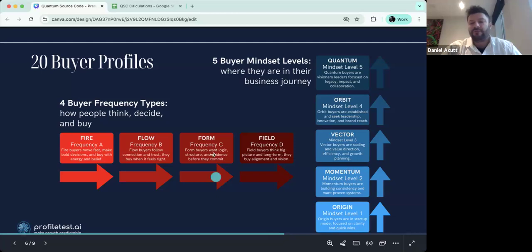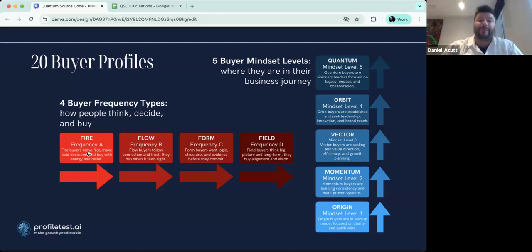It's just that if you're behaving like a frequency A and you have a conversation with a frequency C, the chances are you're missing the mark straight away. We try to work this out when you go through the sales process, but you can also tell them in advance and help them prepare, and send any details in advance to those people to build trust.